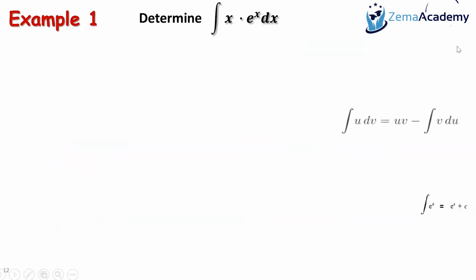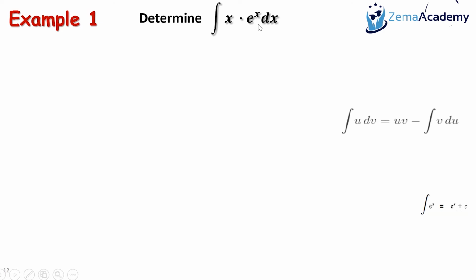Okay, so let's do some examples. Now, I will start off with a simple, easy one. In this case, you need to evaluate or determine the integral value of the product of x and e to the power x. So you need to determine the integral value of this product of two functions.